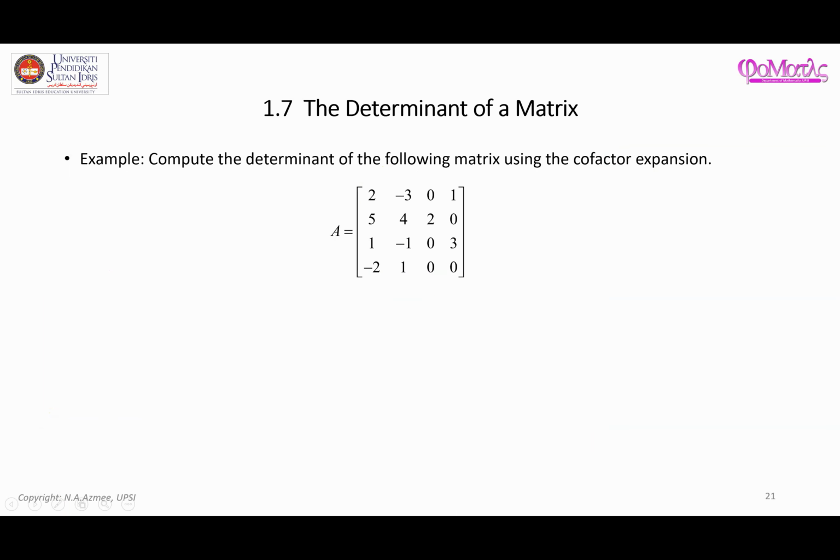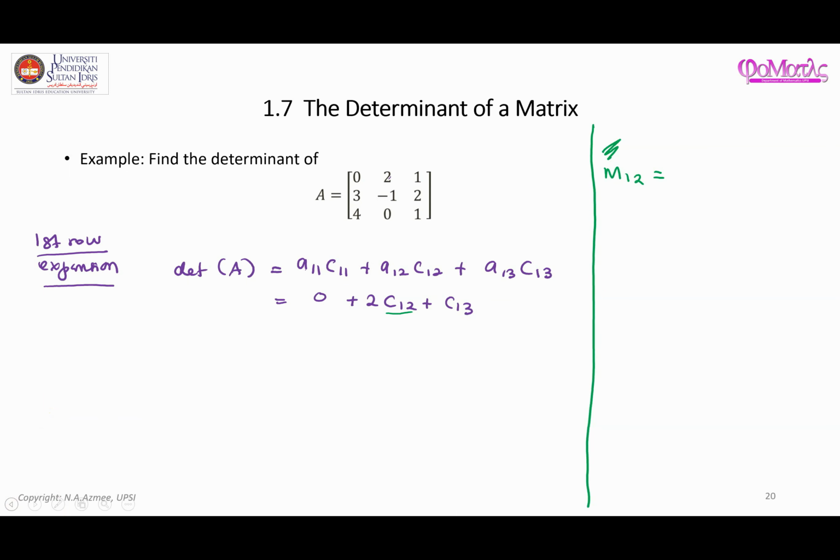So here we've got first row and second column. Therefore, the matrix that we have, considering the values remaining, is 3, 2, 4, 1. To find the determinant of this matrix, it's going to be 3 minus 8.